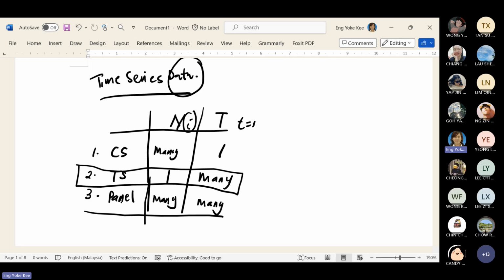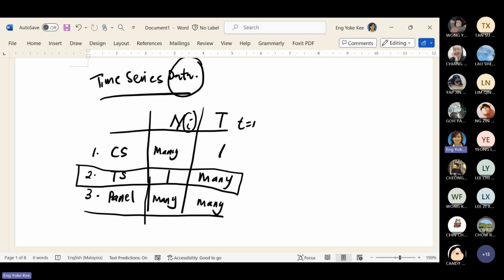No, so it's always about suitability. It's not about the best. It's just like choosing a girlfriend or boyfriend. You're not choosing the best, you're choosing the one that's suitable for you. Am I right? So it always depends on your objective, what you intend to do. You look at the information content of these three different types of data.